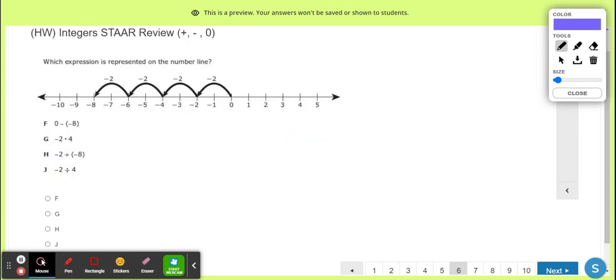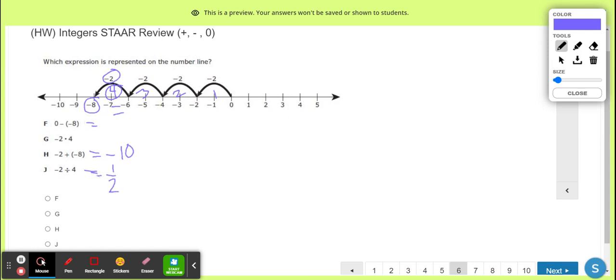So we're taking a look here. We have 1, 2, 3, 4 jumps. So we got -2 times 4 equals -8. Here, -2 plus -8 is -10. 2 divided by 4 is 1/2, that's a negative.